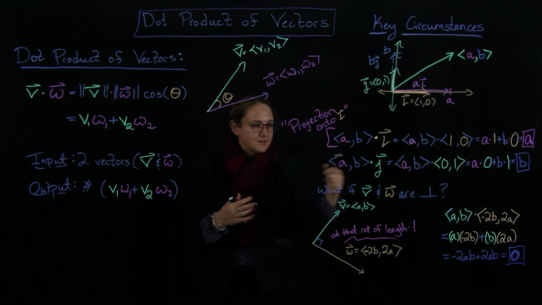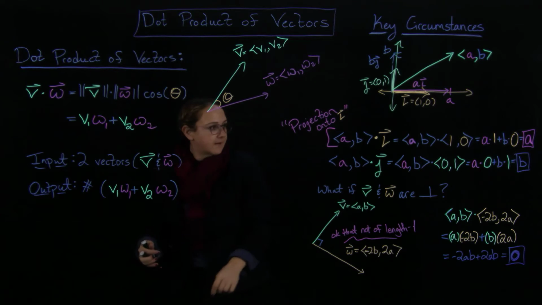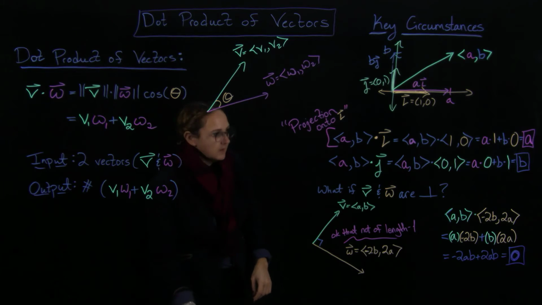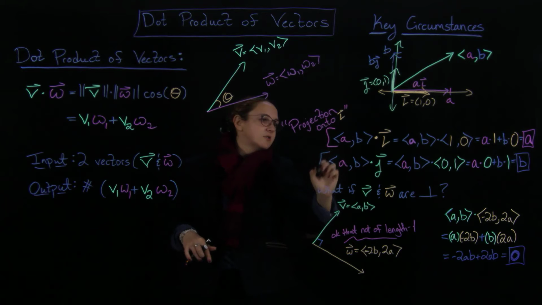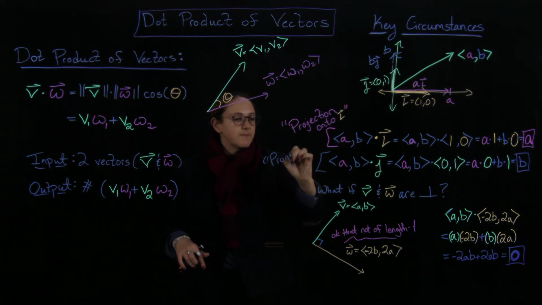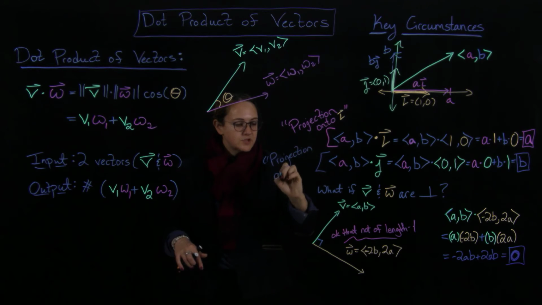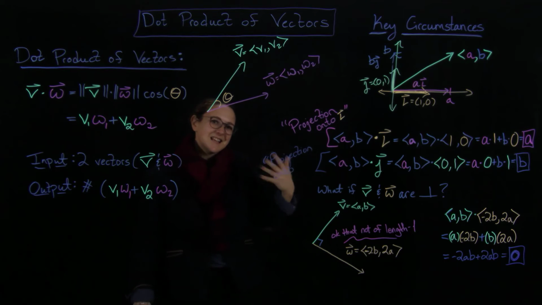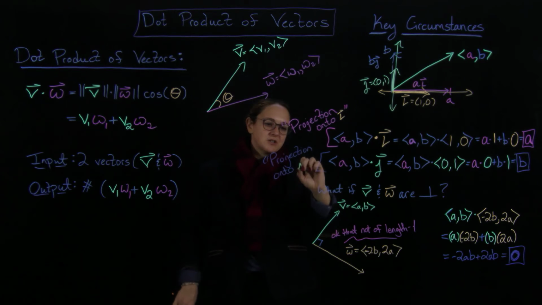And in this one you have projection onto J, or the second coordinate. In general, there is this sense in which this is a kind of projection.